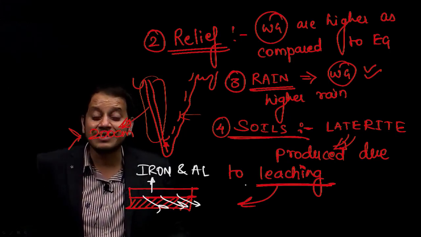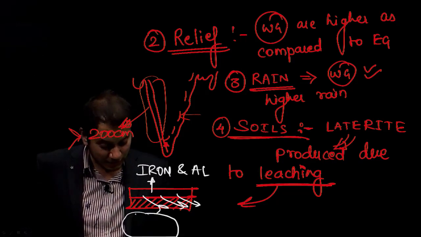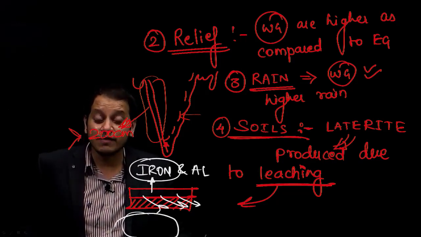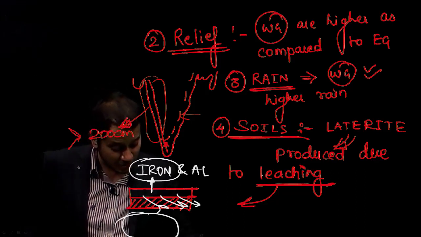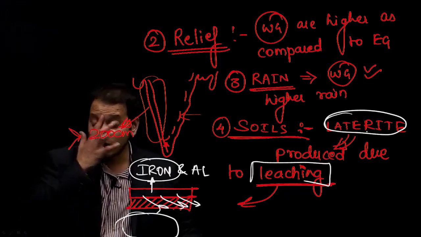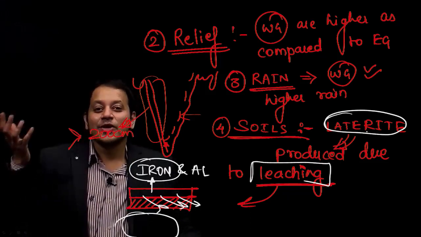Such a soil is red in color because of the presence of iron, and such a leached soil is known as laterite.